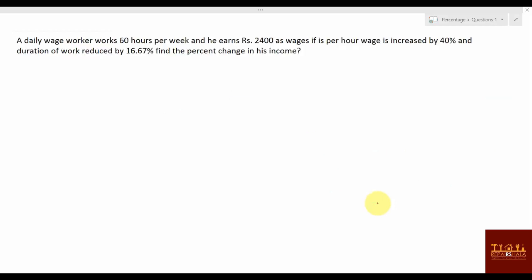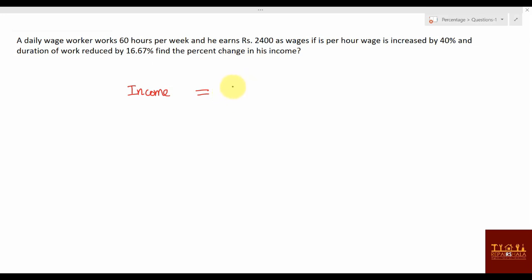Check this. A daily wage worker works 60 hours per week and he earns 2,400 as wages. If per hour wage is increased by 40% and duration of work is reduced by 16.67 percentage, find the percentage change in income. What you can say about the daily wage worker's income? I am talking about one day. So how much is he paid per hour?